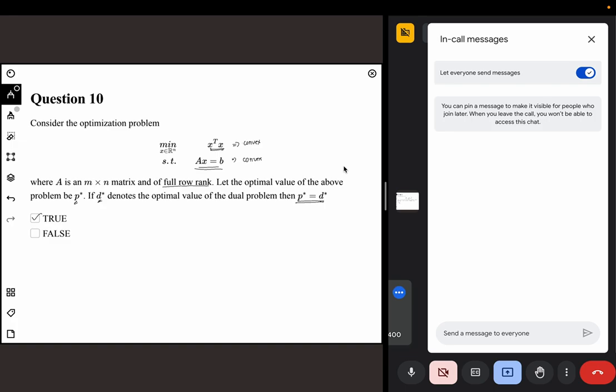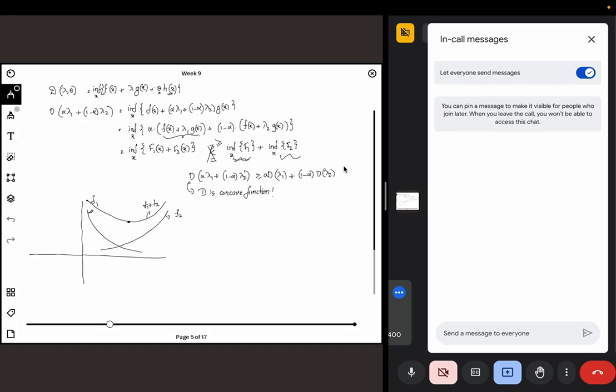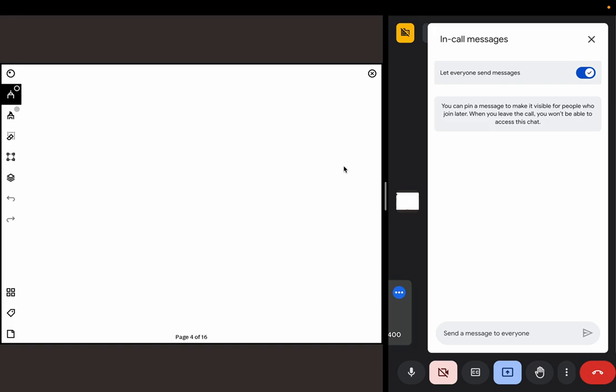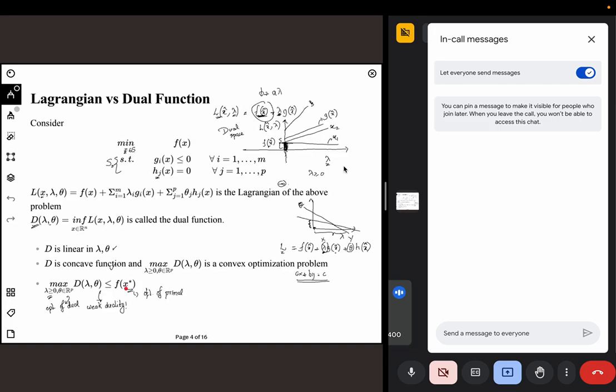Because if you recall, without knowing whether function f is convex or not, all we can say is that the optimal value of dual is less than or equal to the optimal value of primal. That is where we can go up to.